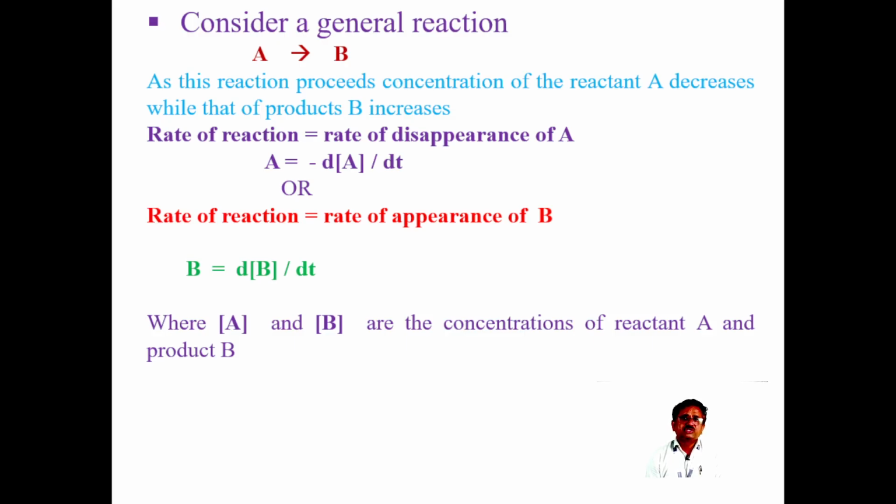And we can define this rate of reaction in terms of product as the rate of appearance of product B. Mathematically we can write rate equals d[B] by dt, where d[B] means change in molar concentration of B, divided by dt, which means change in time. So, the square brackets of A and B are both considered as molar concentrations of substances A and B.